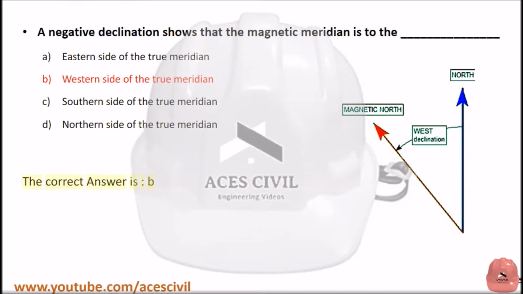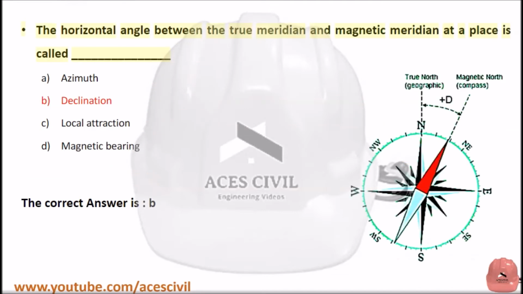The correct answer is B. The horizontal angle between the true meridian and magnetic meridian at a place is called A. Azimuth. B. Declination. C. Local attraction. D. Magnetic bearing. The correct answer is B.